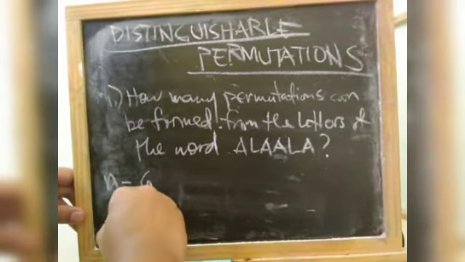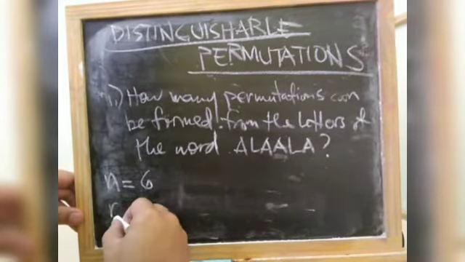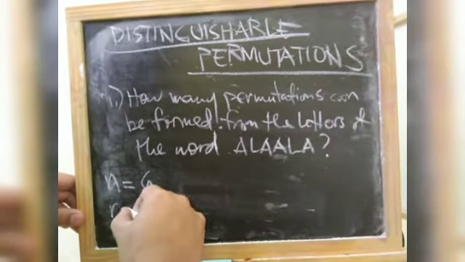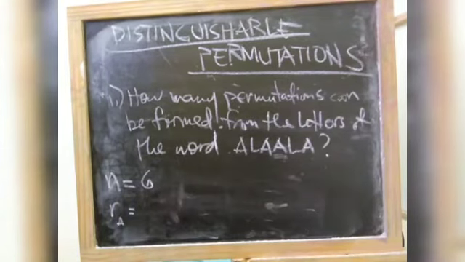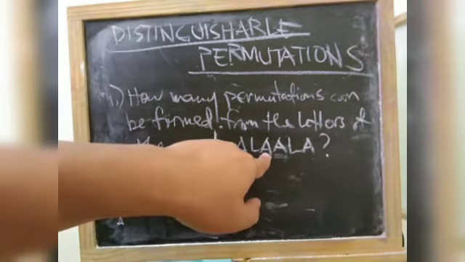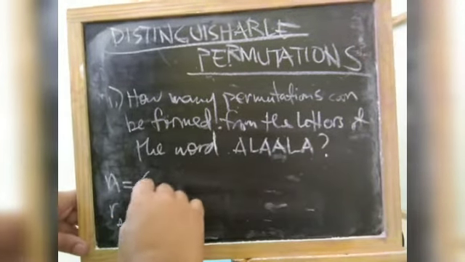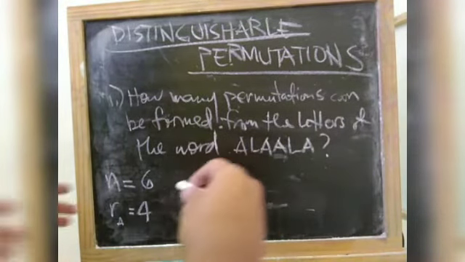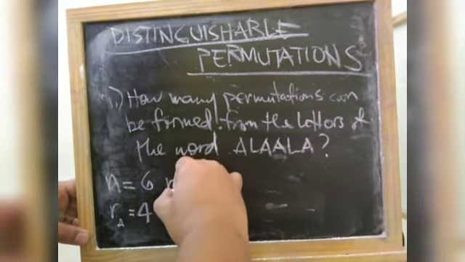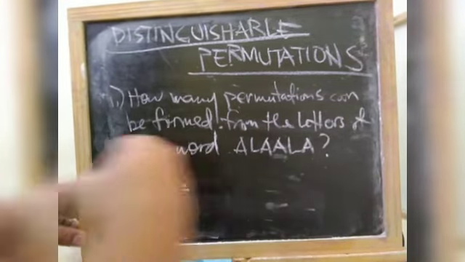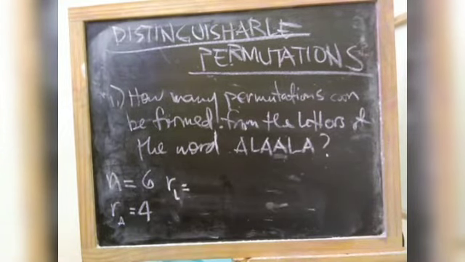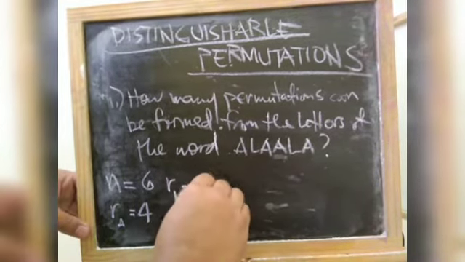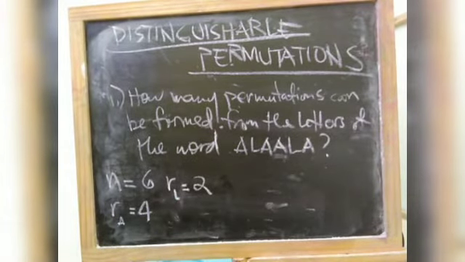Okay. So, let's represent it as R sub A here, or object A. How many A's are there in these particular letters? There will be 1, 2, 3, 4. So, there would be 4. Then there is also the letter L. How many times did the letter L appear? So, there would be 2 letter L's here.